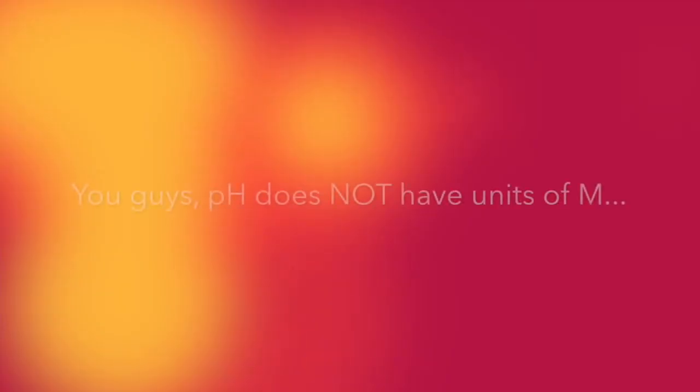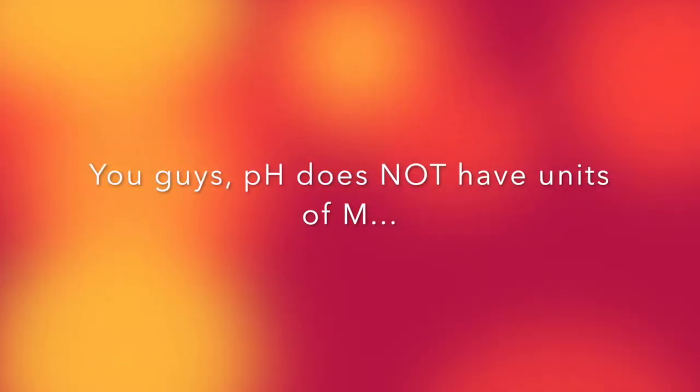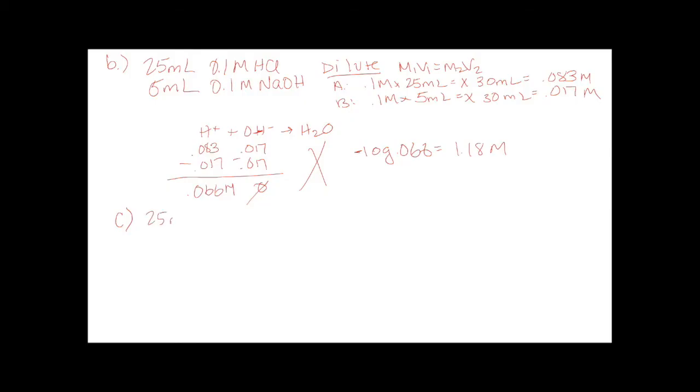For C, I still have 25 mL of acid, except now, what am I adding? 10 mL of 0.1 molar NaOH. I do my dilutions. 25 times 0.1 equals, now I have 35 mL times X. 10 times 0.1 equals 35 mL times X, which gives me my new concentrations, right?